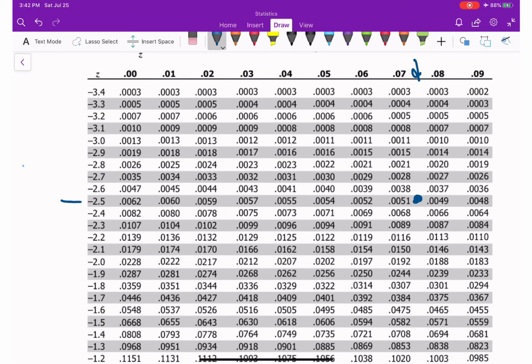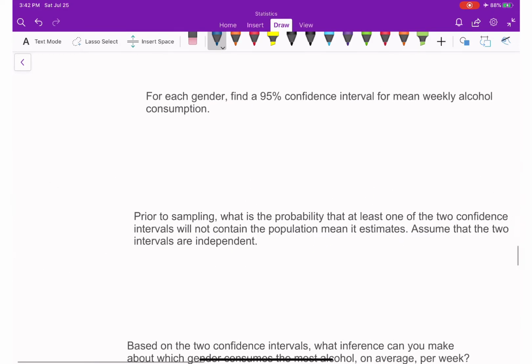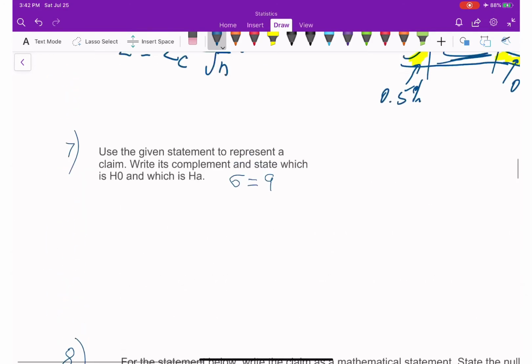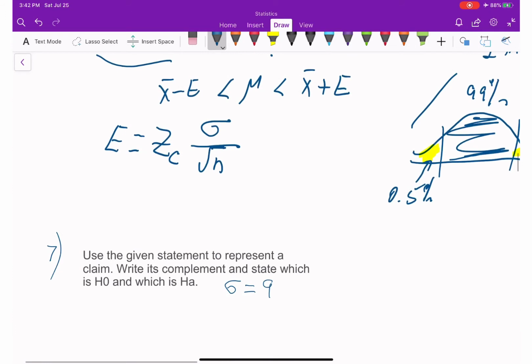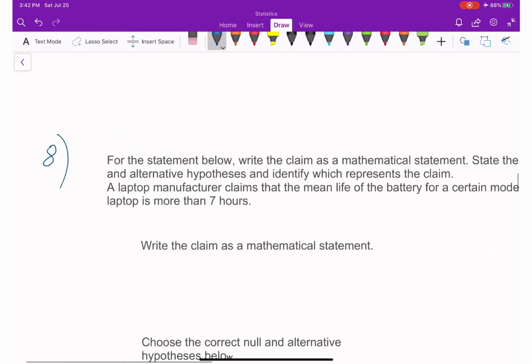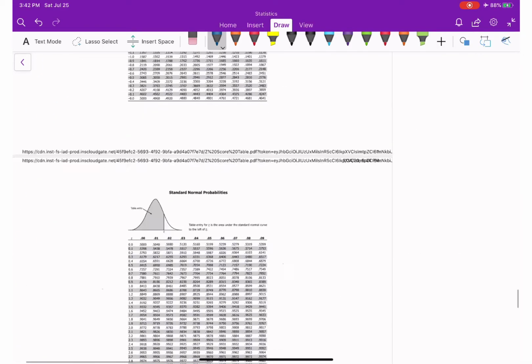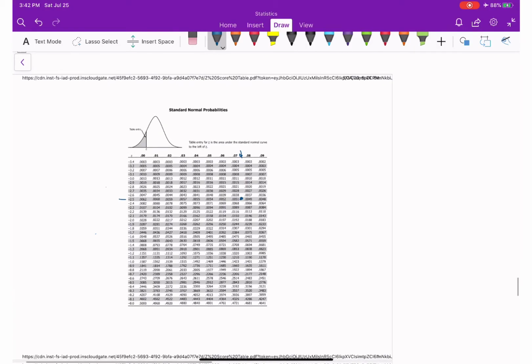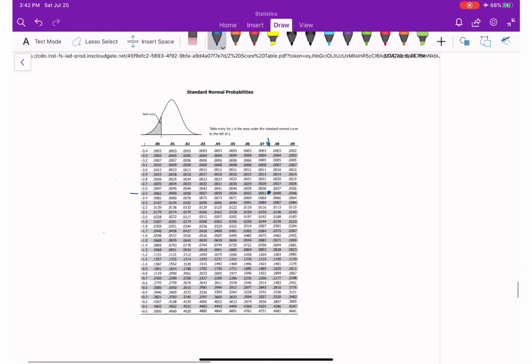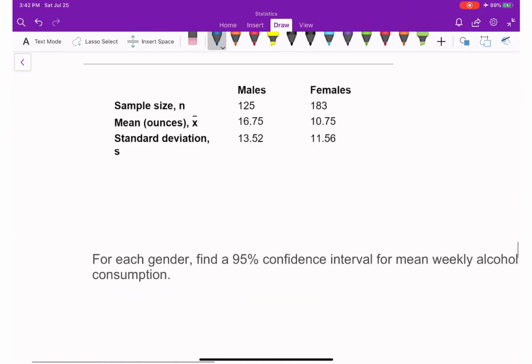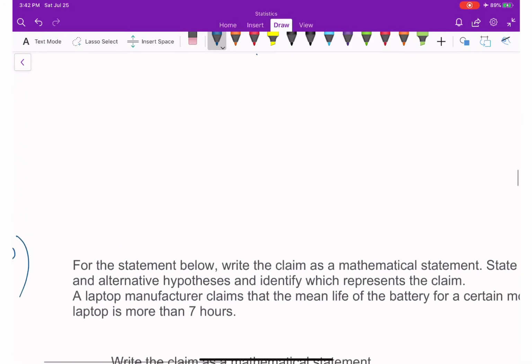So negative 2.578. So this score is gonna be equal to negative 2.57. It should be 5, no? One second. Yeah, 7.5. Yeah, between 7 and 8. So it should be 2.575.